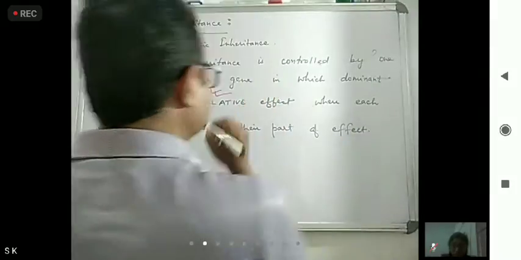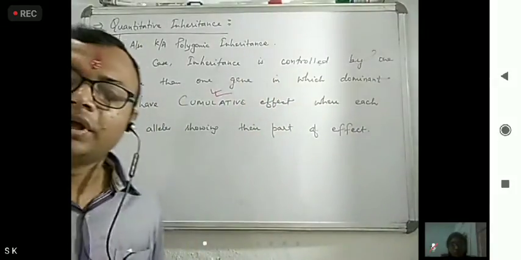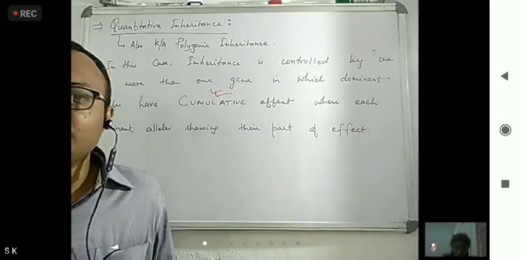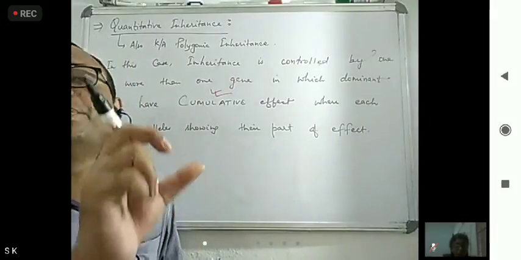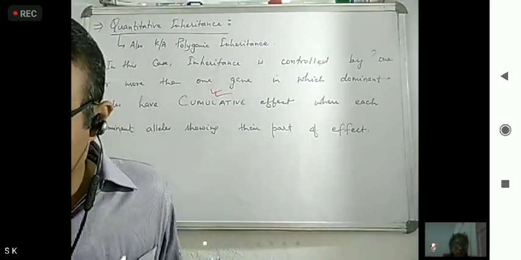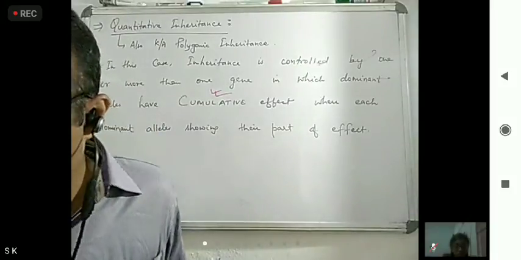Why? Because it is cumulative effect. So every dominant allele has only its participation, showing only a partial effect. Okay, they are showing only partial effect.